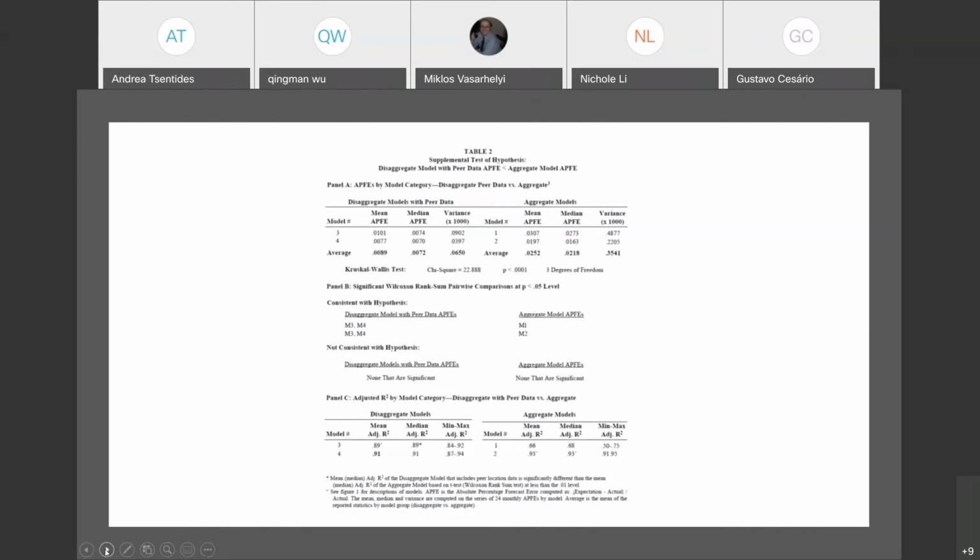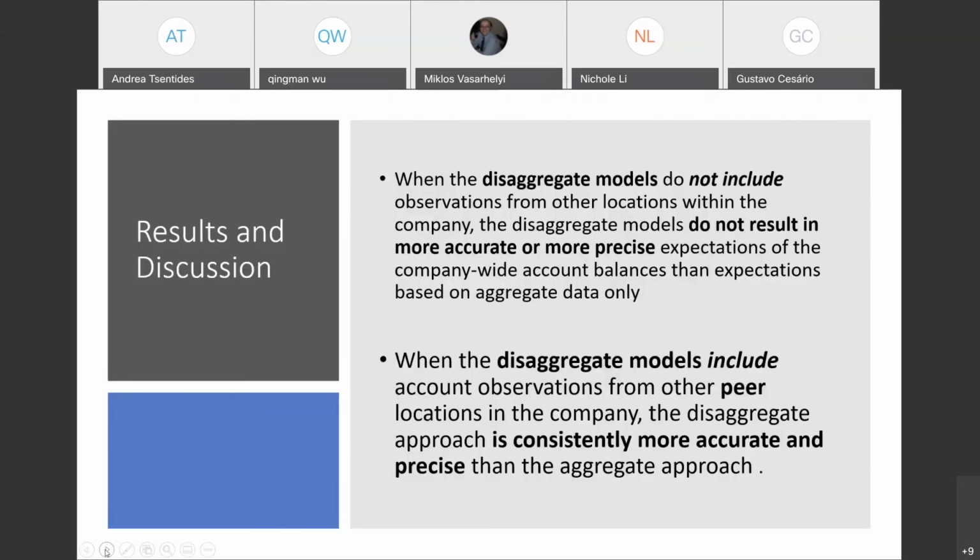Thank you. All right. So what did they conclude? When the disaggregate models do not include observations from other locations within the company, they do not result in more accurate or more precise expectations of the company-wide account balances than expectations based on aggregate data only.